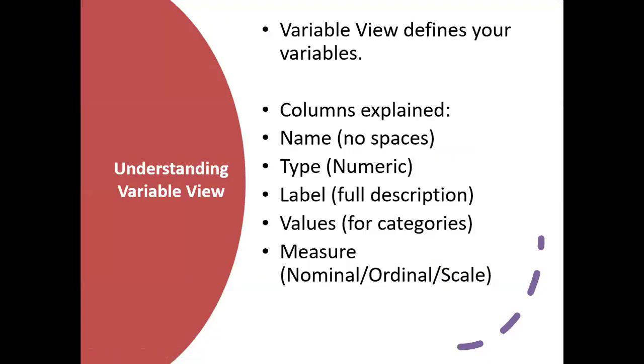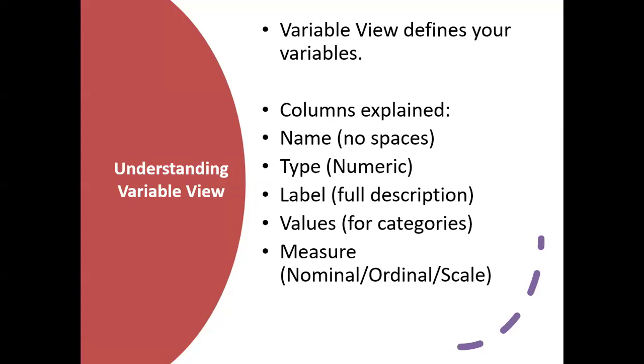Okay, so as I was explaining earlier, the variable view is composed of several variables that are going to take center stage in your analysis. The columns of the variable view demarcate the names of your various variables. And mind you, you are not supposed to leave spaces.